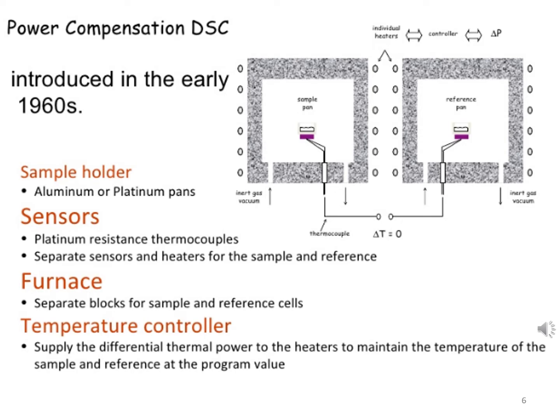One is connected with the sample pan, and the other is connected with the reference pan. And there are individual heaters that can provide heat, and thermocouple sensors which can detect the changes in heat flow or temperature.